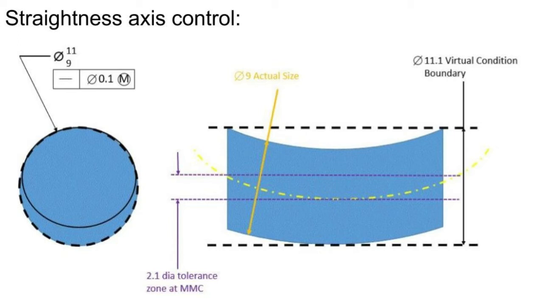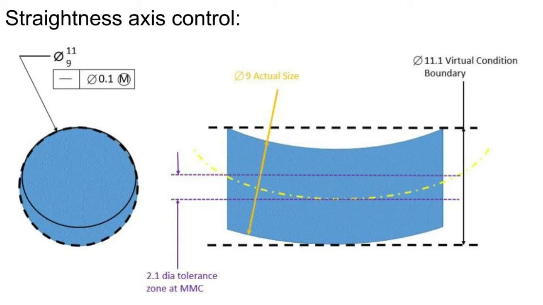Let's calculate the virtual condition boundary for this part. The dimension at MMC is 11 inch. Straightness tolerance at the maximum material condition is 0.1. By adding 11 inch plus 0.1, we get an 11.1 virtual condition boundary.